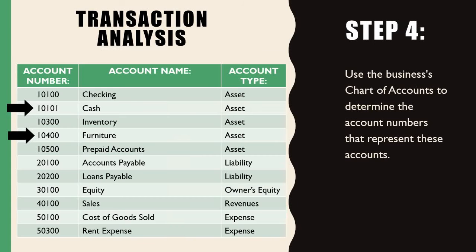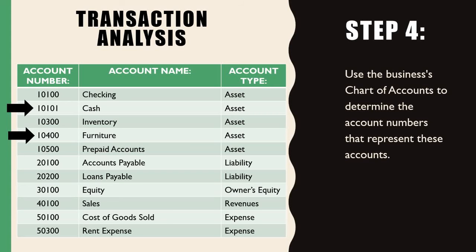So now I'm going to go to step 4, which is determining those accounts that exist on my chart of accounts. Do I have those accounts? In this case, I do. This is the chart of accounts. My cash is account number 10100, and I have a furniture account for 10400, and they're both assets. So this is where you're going to be using your accounting model.